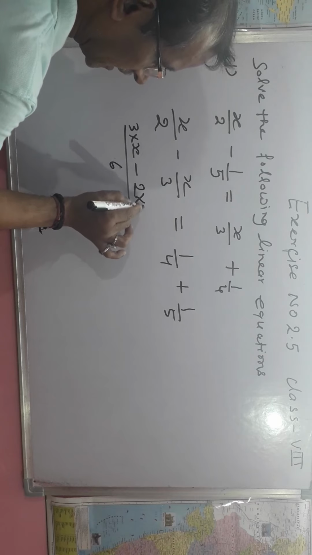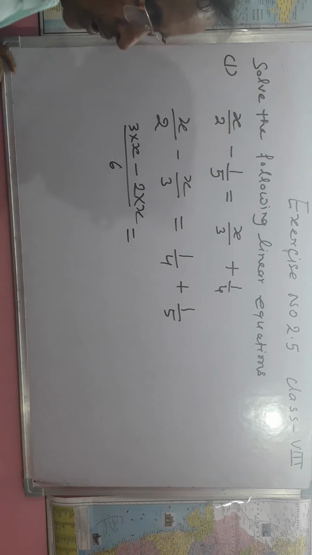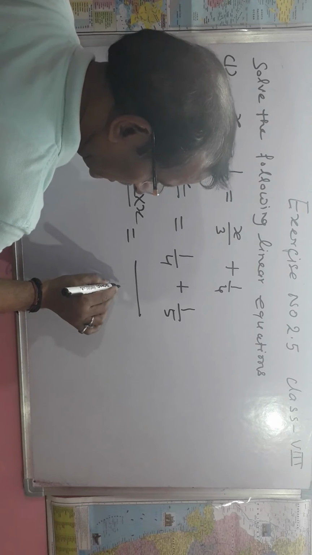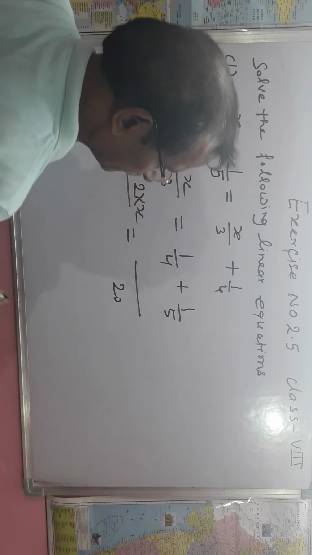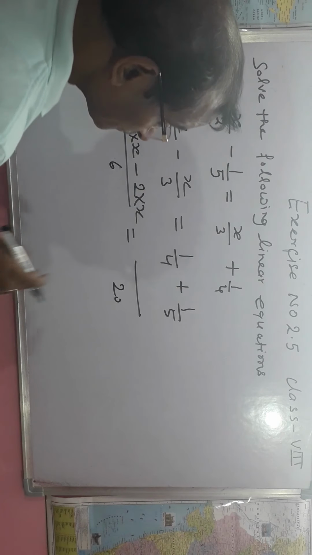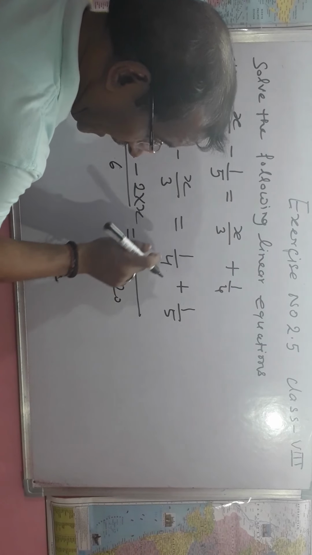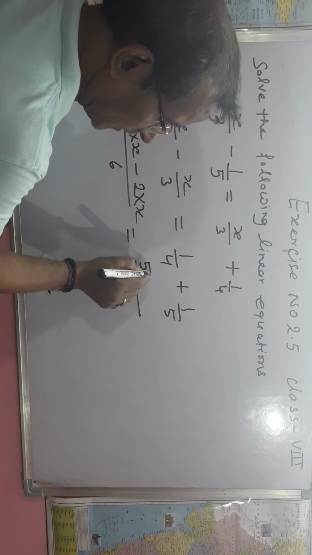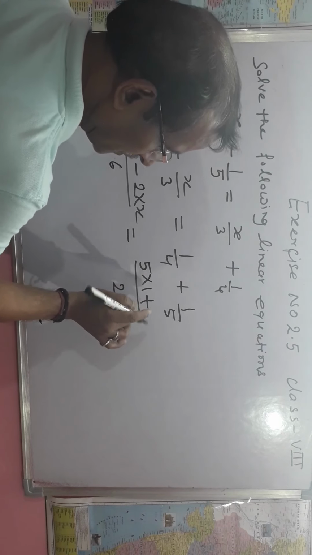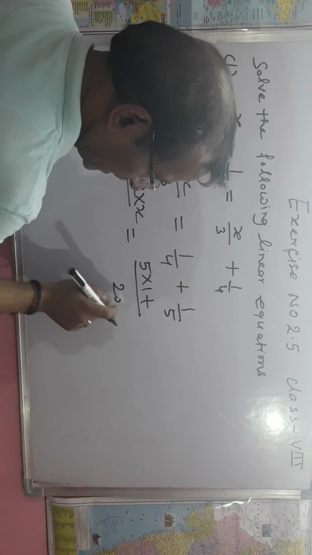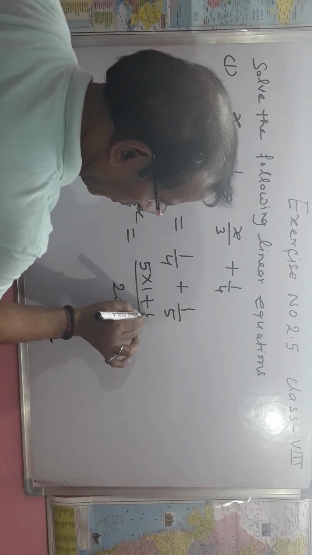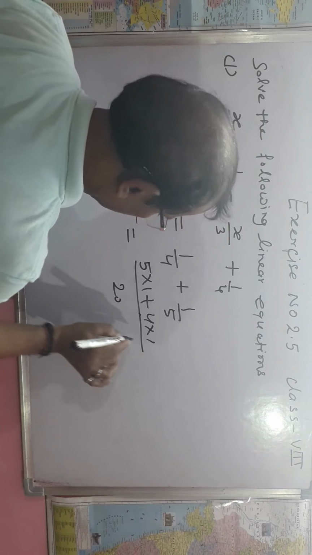2 multiply x is equal to, we take the LCM of 4 and 5. Then we get 20. 20 divided by 4 we get 5. 5 multiply 1 plus 20 divided by 5, then we get 4. 4 multiply 1.